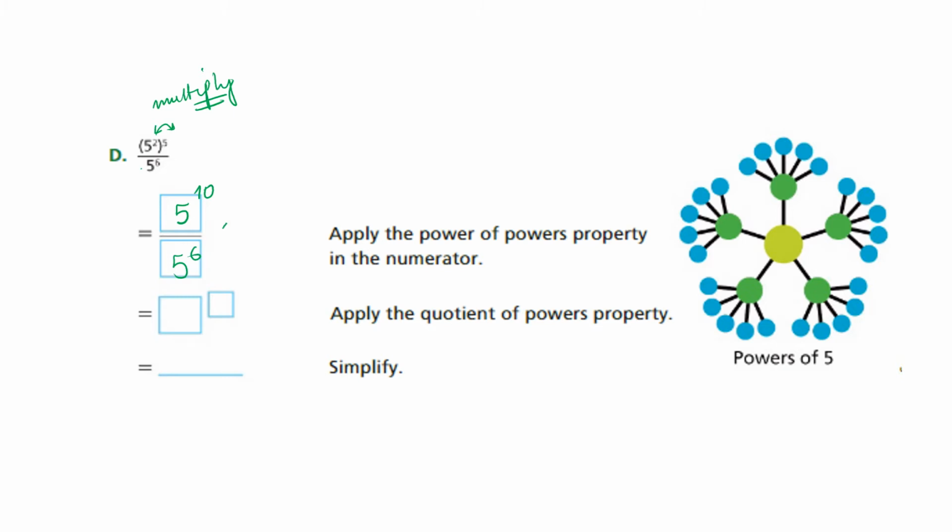Now here you can see that this is the quotient property. Why quotient property? The reason is that both bases are the same, but one is written in the numerator and one is written in the denominator. So we write the base one time and we subtract the powers.